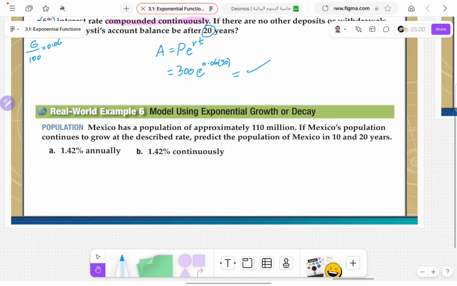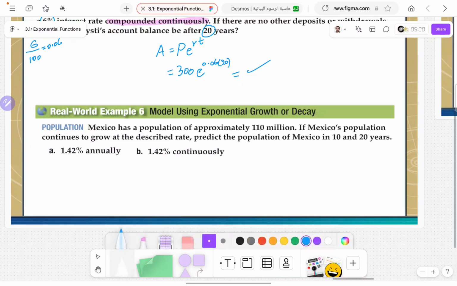The last one is the same thing, growth or decay. Mexico has a population of approximately 110 million. As you can see, this is the initial amount. If Mexico's population continues to grow at the described rate, predict the population in Mexico between 10 and 20 years.